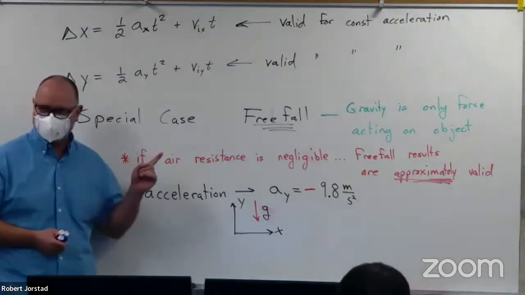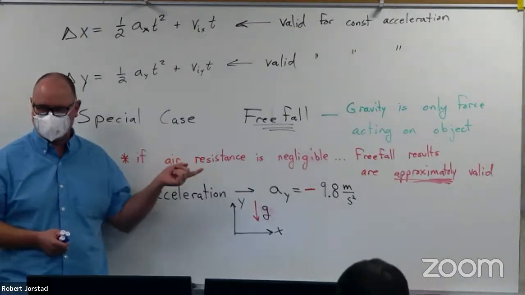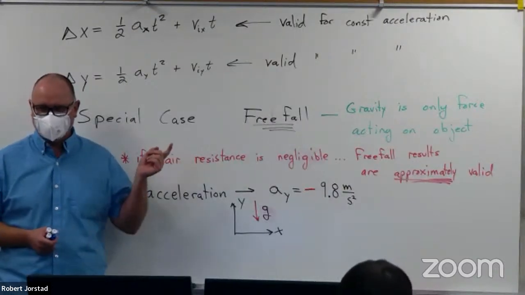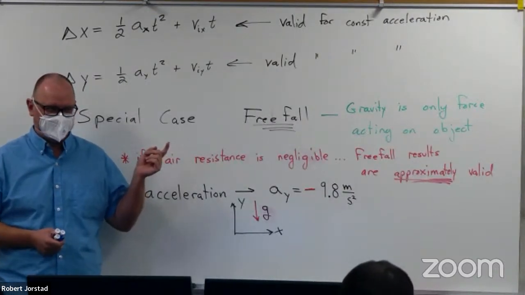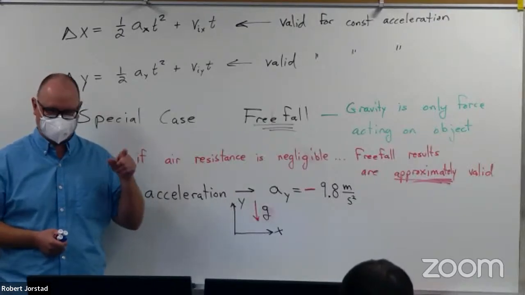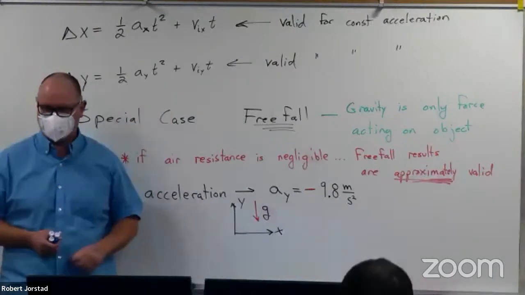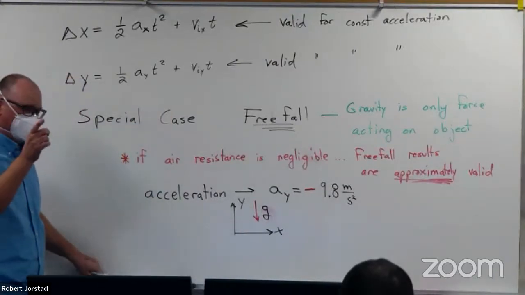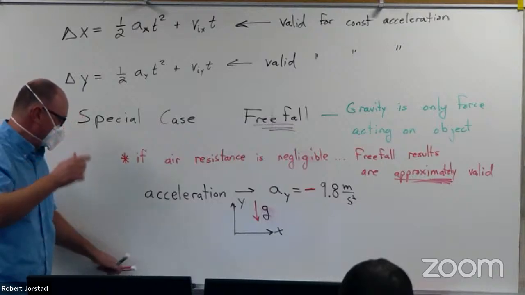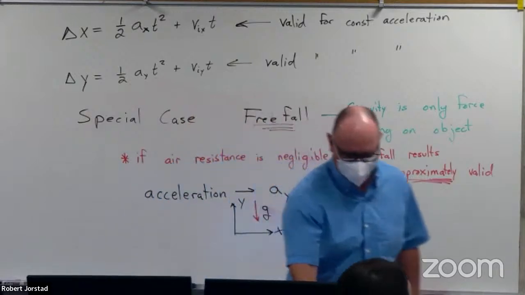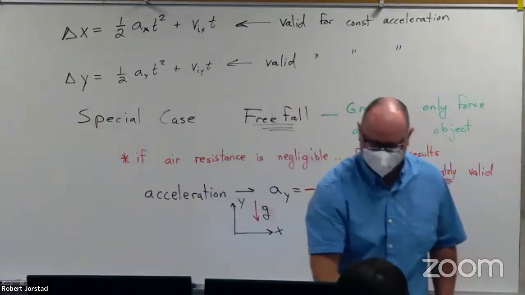The claim is that all these objects will accelerate at the same rate. Do you believe that? Do you believe that a bowling ball and a feather would accelerate at the same rate if you drop them, or a marker and a piece of paper? If you could get rid of air resistance. How can we get rid of air resistance?